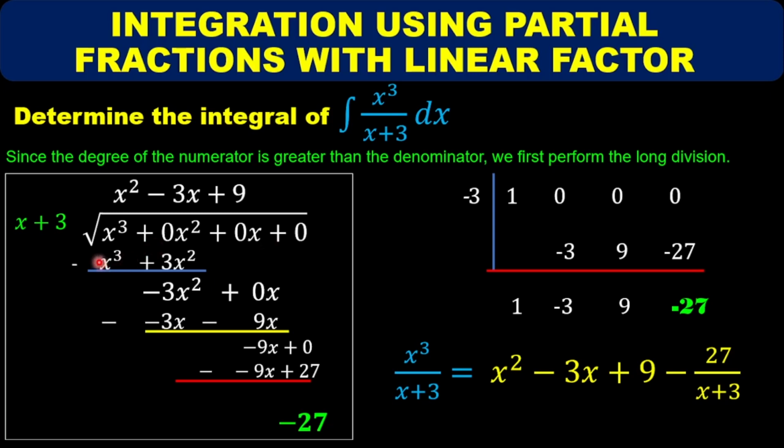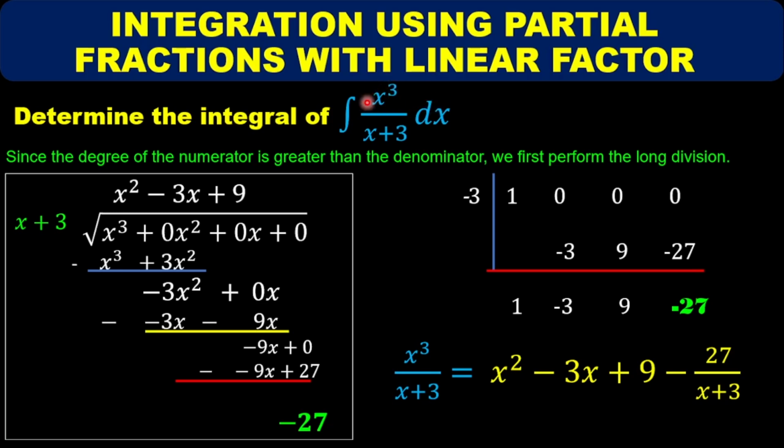In the long division method, we are dividing x cubed by x plus 3. So here on the left hand side, we have x plus 3, that is the divisor, and then we are dividing x cubed. If you look at the question, we have x cubed, no x squared, and no x. What we don't have in the question, we assume its coefficient is 0.